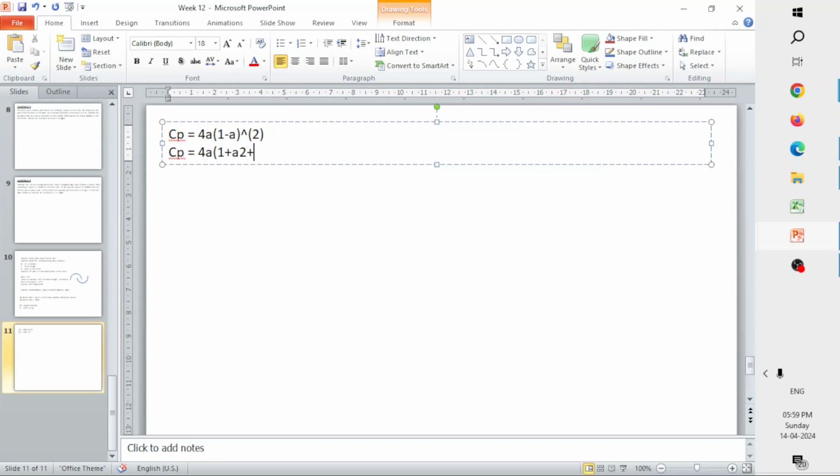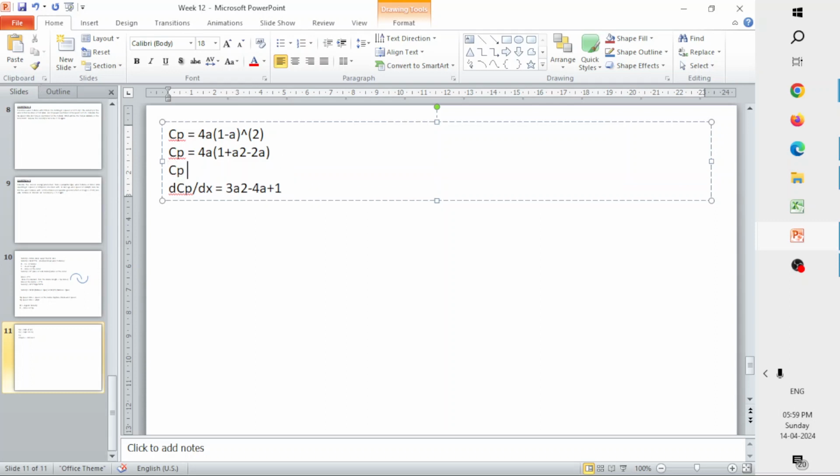Let me do that, because that will be the easiest way. Then if you do dCp by da, you will get the expression 3a square minus 4a plus 1. I'll write the entire process.